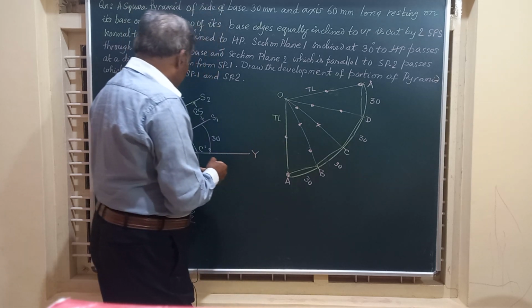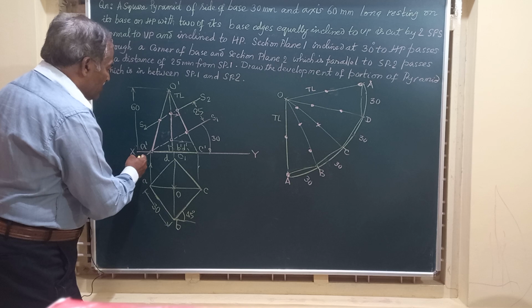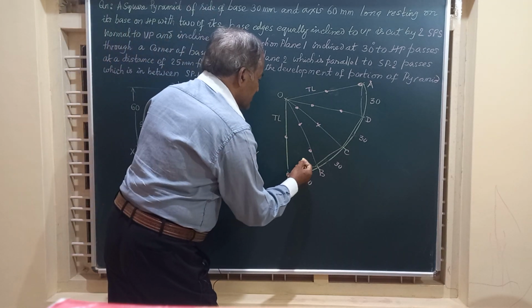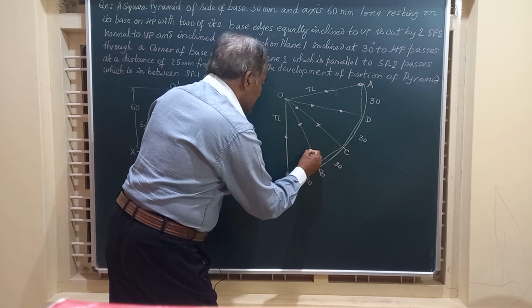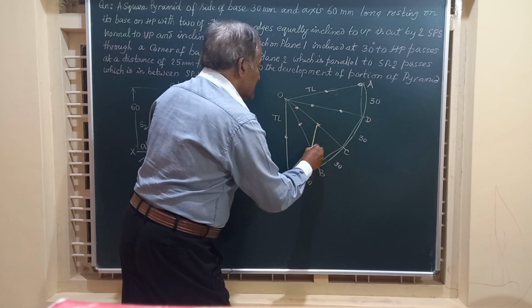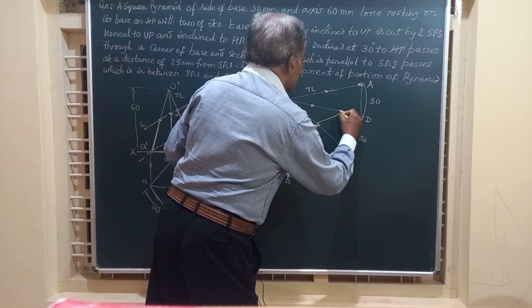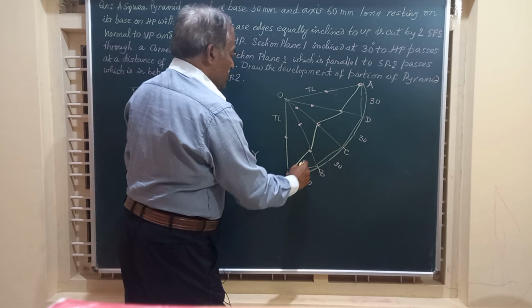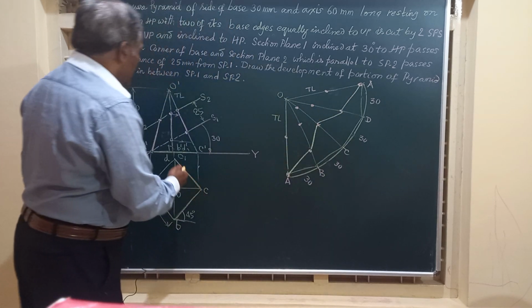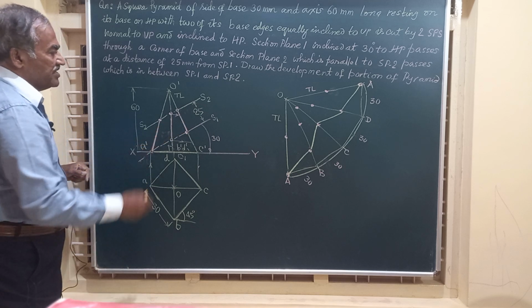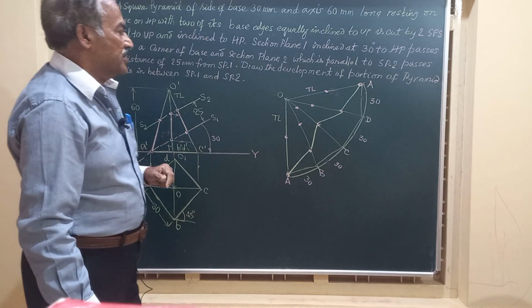So friends, let us take the section plane 1 1 and join all those points obtained by section plane 1 1. This is the line we are getting, second, third, and this is fourth. So these are the points which are obtained in the development when the solid is cut by section plane 1 1.